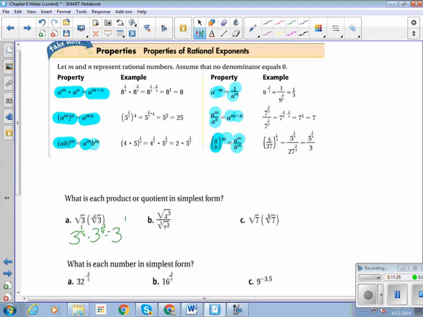That means I can go 3 to the 1/2 plus 1/4, which, if I find a common denominator, 1/2 is 2/4 plus 1/4 is 3 to the 3/4. So I can rewrite that as fourth root of 3 cubed, or fourth root of 27.